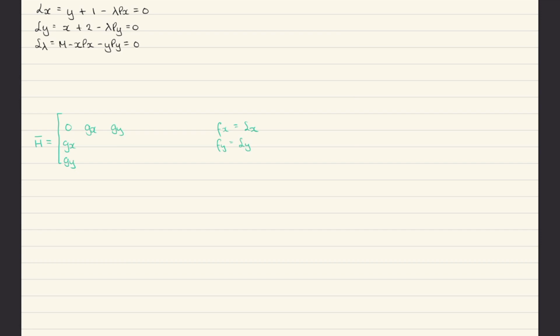So here we would have Lagrangian xx, Lagrangian xy, Lagrangian yx, which is the same as xy, and then Lagrangian yy, right? So don't ask me why these are first order conditions and then the rest of it is second order. That's just how it works.